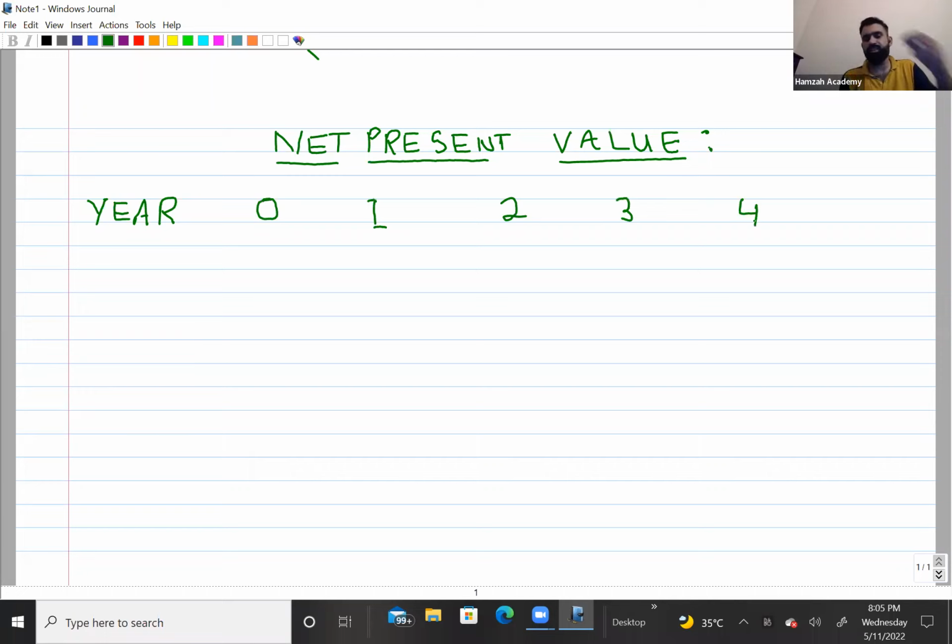It depends on the length of the project. If we have a 5-year project, then there will be year 5 as well. If it is a 6-year project, there will be year 6 as well. But I'm assuming that the project for which we are preparing the pro forma is a 4-year project.